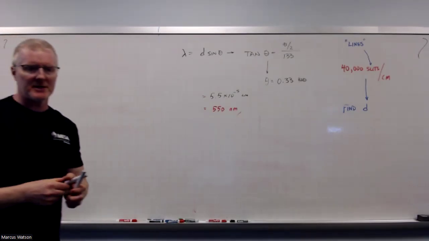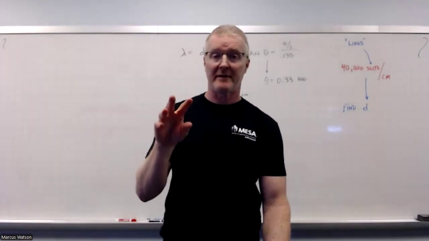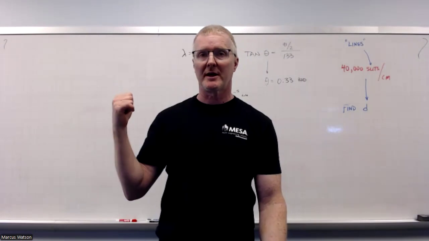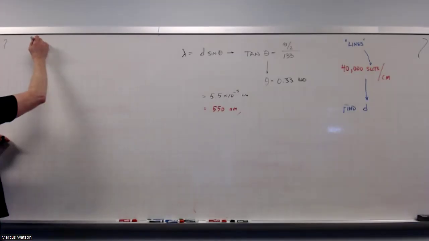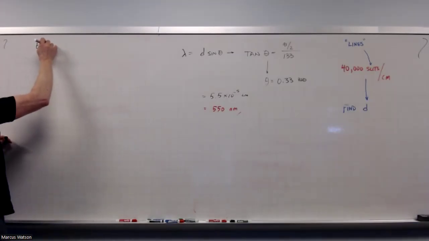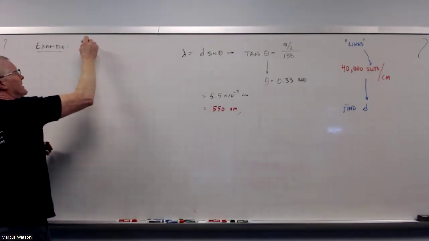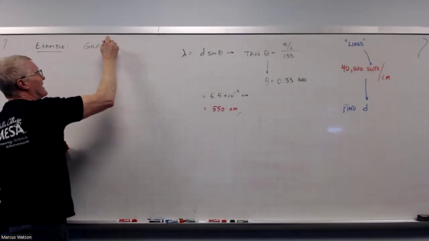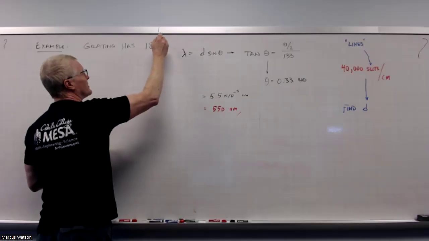All right, let's do another example here where we have another diffraction grating. Now we have two wavelengths getting shined through, and we're going to look at some angular separation and things like that. In this case we know that the grating has 180 lines per millimeter.